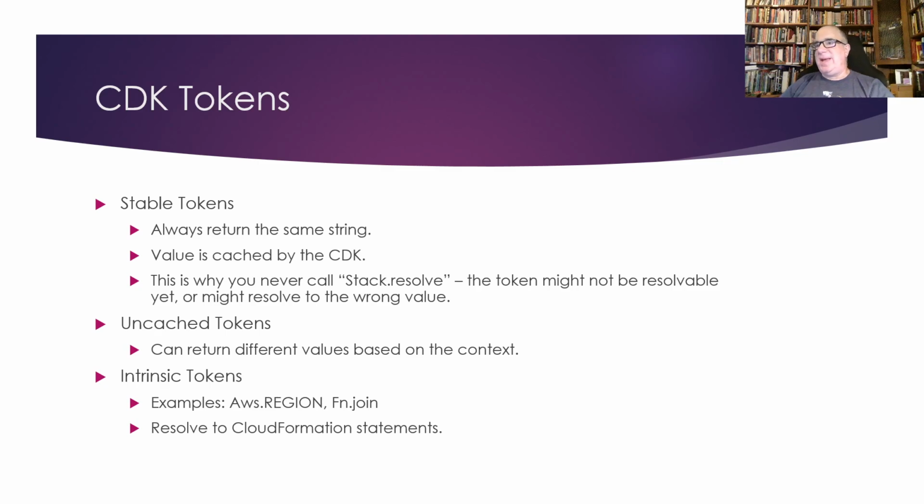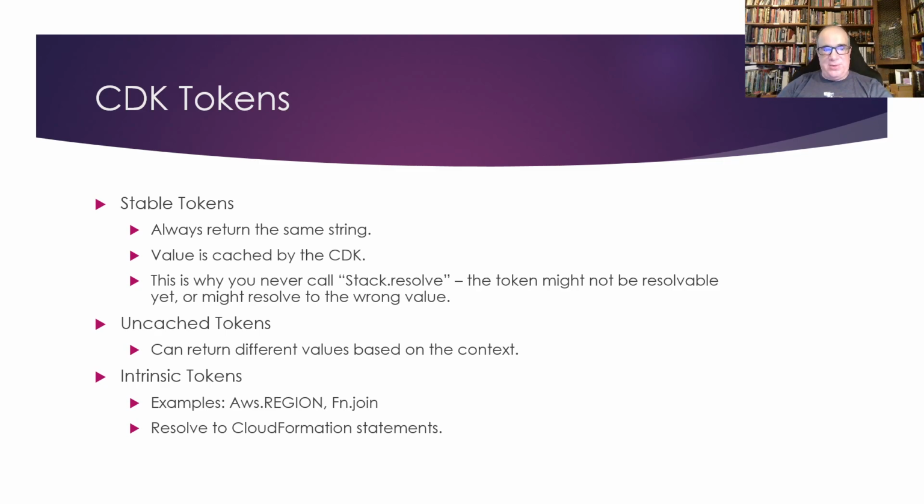Okay, so there are different types of CDK tokens. Stable tokens always return the same value. So if it's a string, it always returns the same string. That value is cached by the CDK. And this is why you never call stack.resolve. The token might not be resolvable yet, or it might resolve to the wrong value, and I'll show an example of that.